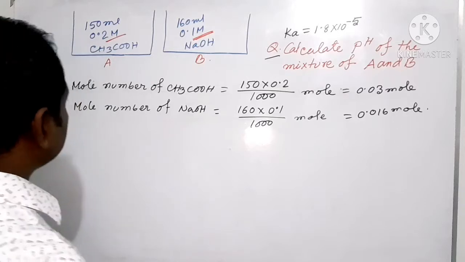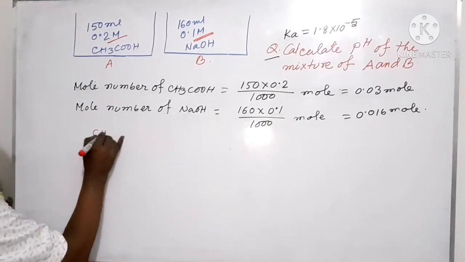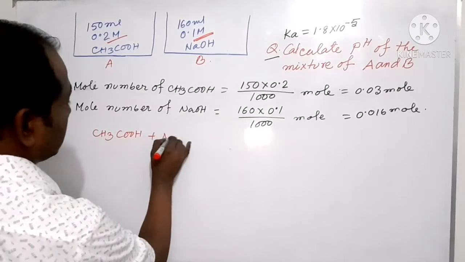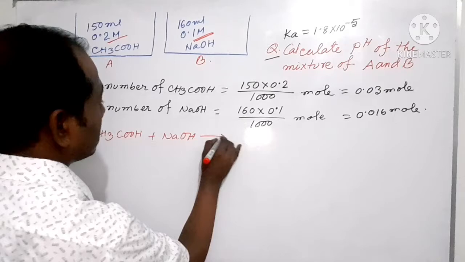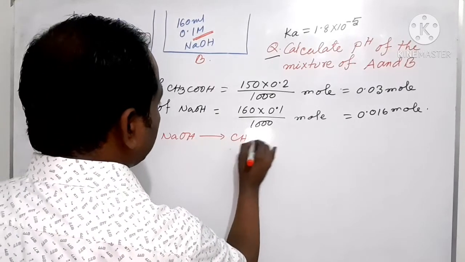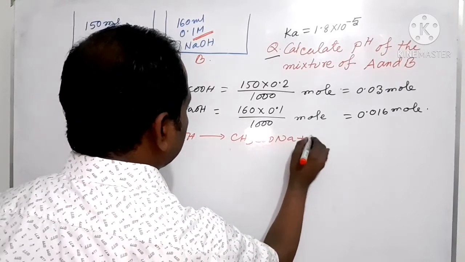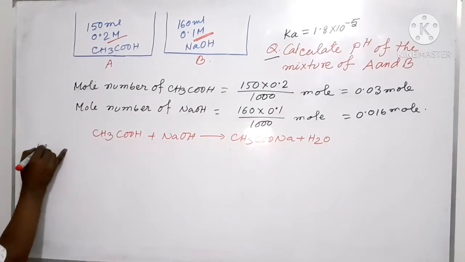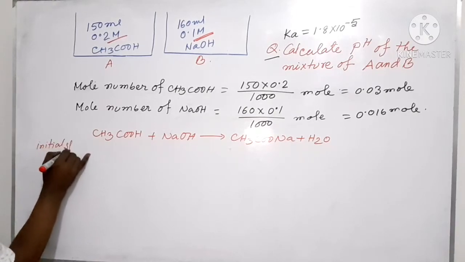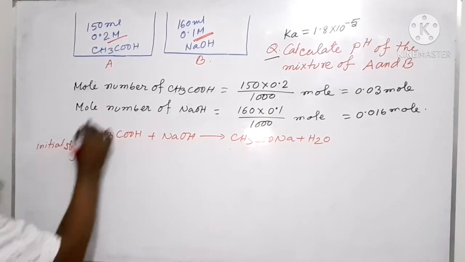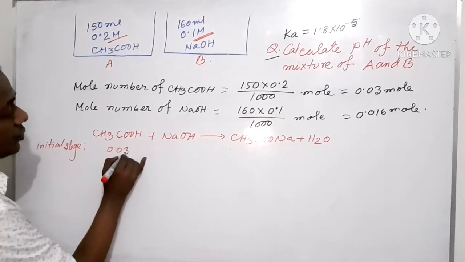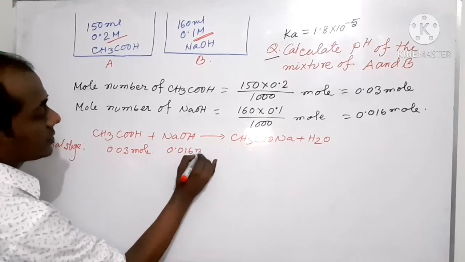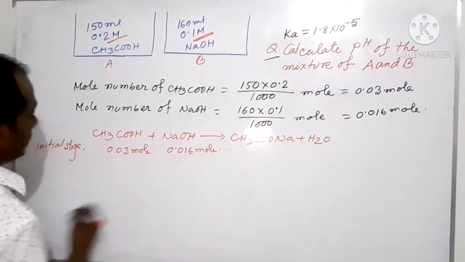Now if you see the reaction, CH3COOH plus NaOH produces CH3COONa plus H2O. At the initial stage we get here 0.03 mole and 0.016 mole.